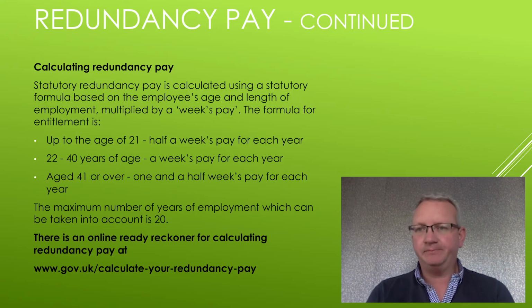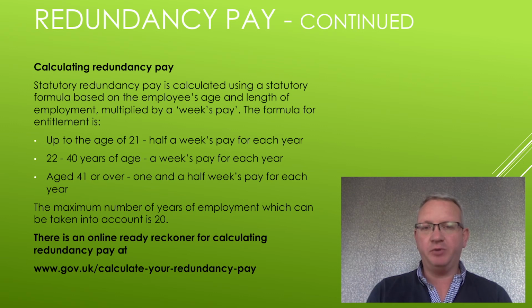Calculating redundancy pay. Statutory redundancy pay is calculated using a statutory formula based on an employee's age and length of employment, multiplied by a week's pay. The formula for entitlement is, up to the age of 21, a half week's pay for each year of service. 22 to 40, a week's pay for each year of service.